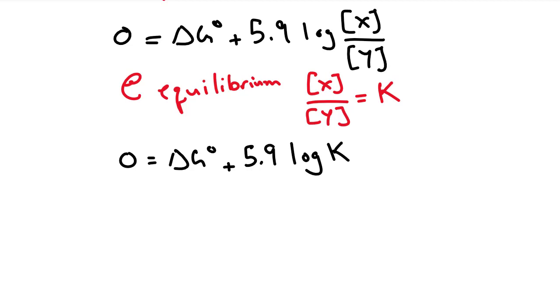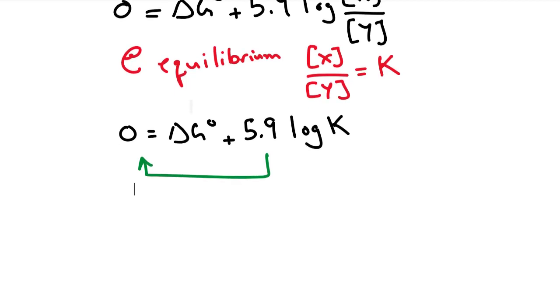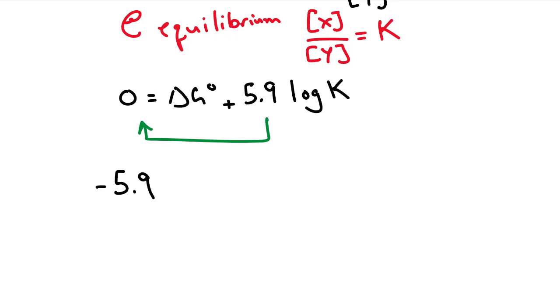We're going to go ahead and solve for K. So to solve for K, I'm going to move this over here first. I am subtracting 5.9 log K from both sides. So what I'm going to get is the following. Negative 5.9 log of K equals delta G standard.